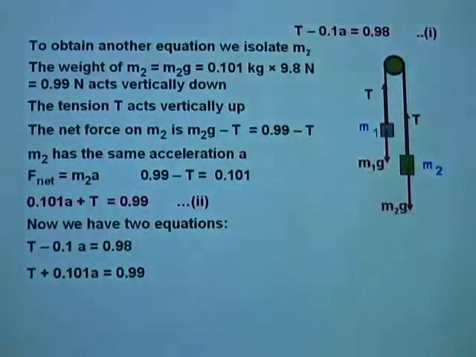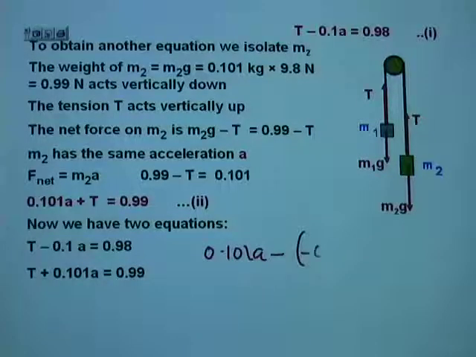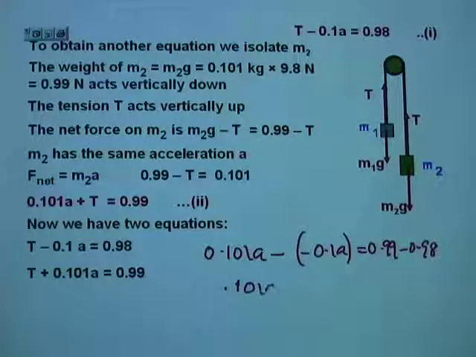Let me write that down for you. So, subtracting the top equation from the bottom, we get 0.101A minus negative 0.1A equal to 0.99 minus 0.98, and that will be 0.101A plus 0.1A equal to 0.01. Did I get it right?